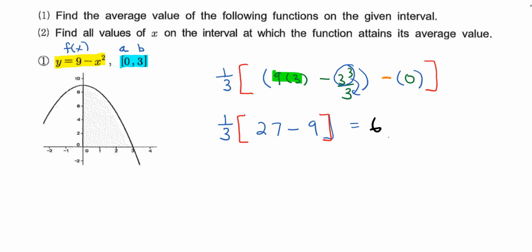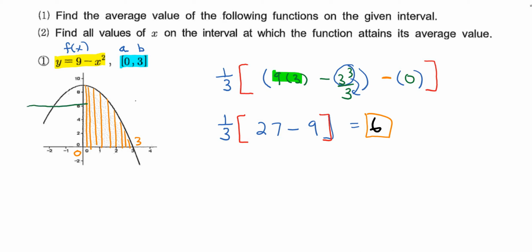So what that really means is, if you take a look at this interval from 0 to 3, you have infinitely many different heights. Some heights are obviously bigger than the smaller ones, but there's quite a bit of different y-value heights represented by the orange color. If you take the average of all those orange vertical lines, the average of all that is going to be a value of 6.